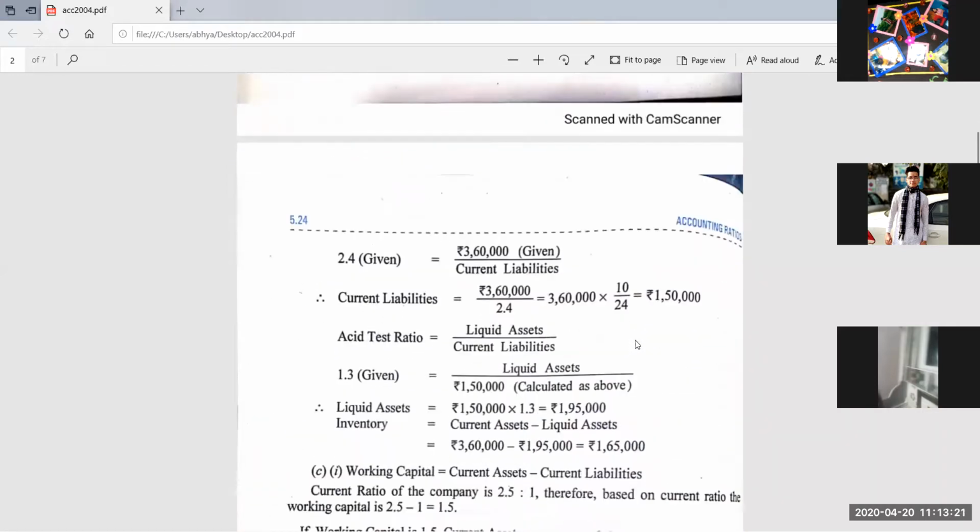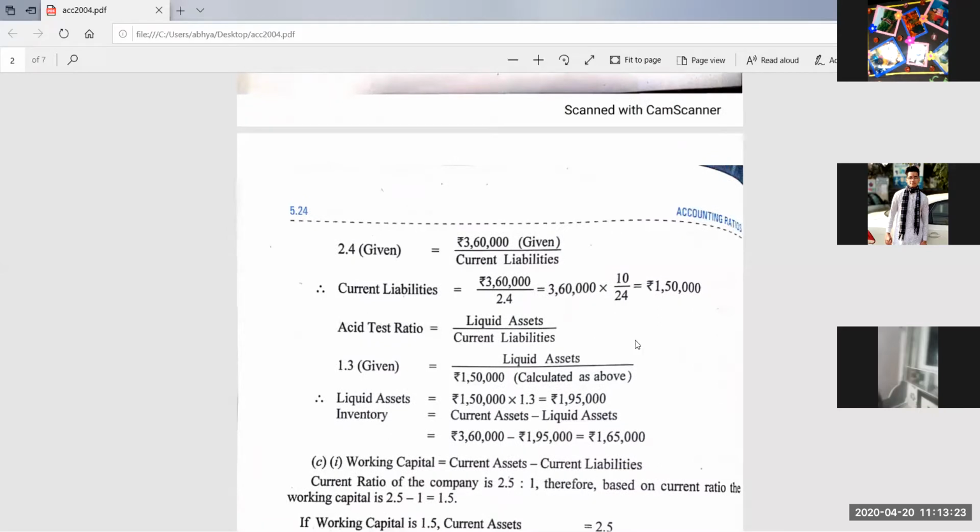Current liabilities, you can see the calculation. I'm giving you just 1 minute. You can match your answer with the solution. So the current liability is 1,50,000, inventory 1,65,000 and liquid assets 1,95,000.